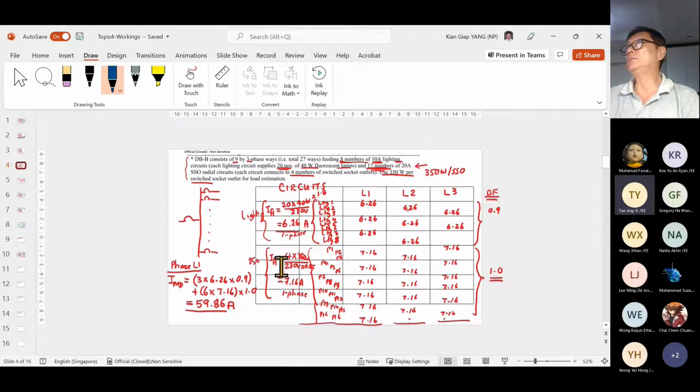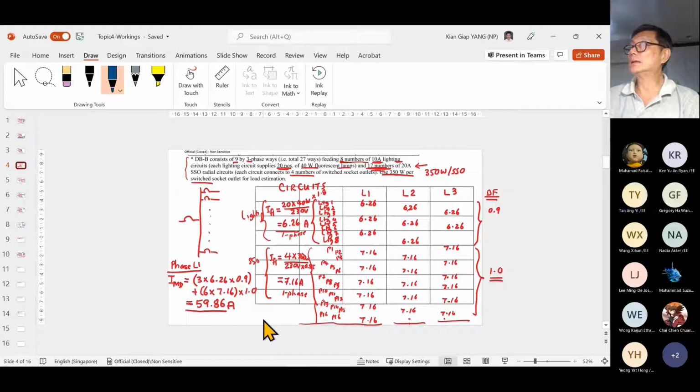And because this DBB is 3-phase, I need to do a mini load balancing. This is what I'm doing here, in order to get the maximum demand for this DB. But I don't understand where the 3 and the 6 come from.